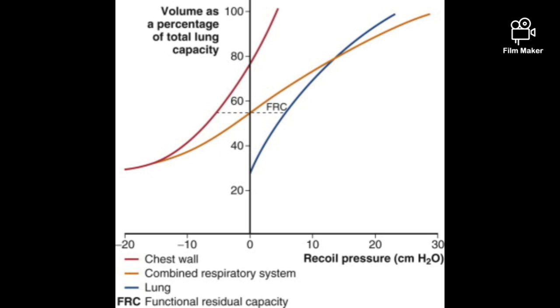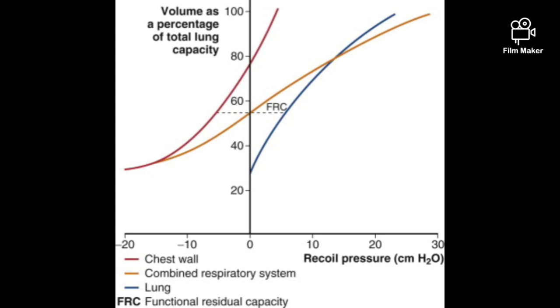So, in between them is the lung compliance or the combined respiratory compliance. So, the chest wall compliance minus the lung compliance is the total lung compliance. This lung compliance will be influenced when a person's lung has some disturbances caused due to disease conditions that can affect the lung volumes, capacities and compliance.